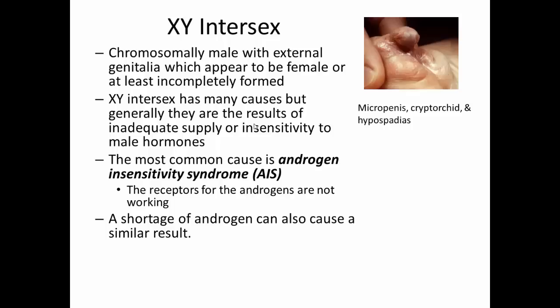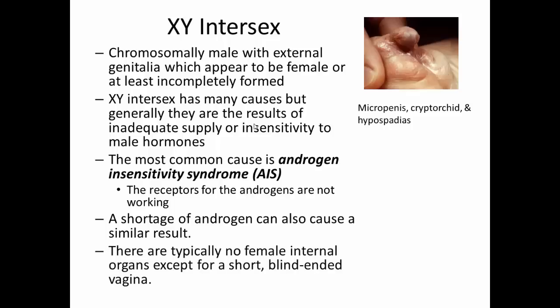It doesn't really matter. So typically what we're going to see then is that they're not going to have the female internal organs because they would have made anti-Mullerian hormone. And so what they'll typically have is a very short blind-ended vagina, because the vagina is not really part of that Mullerian system, at least the bottom two-thirds isn't.